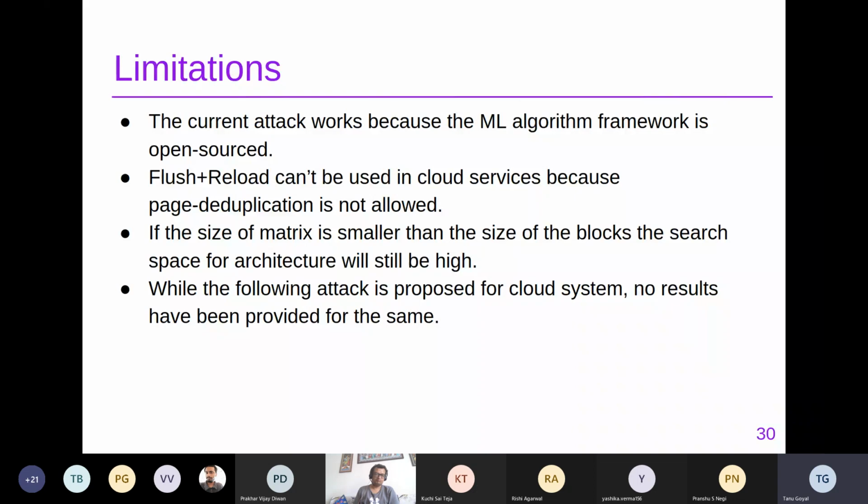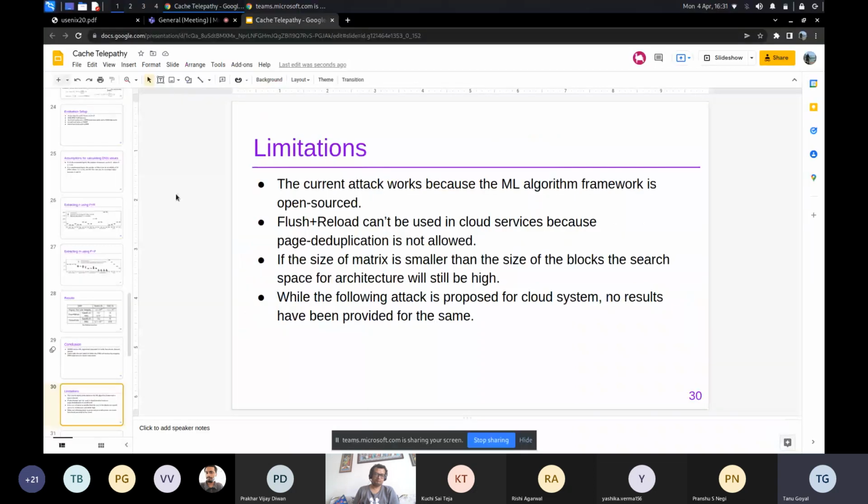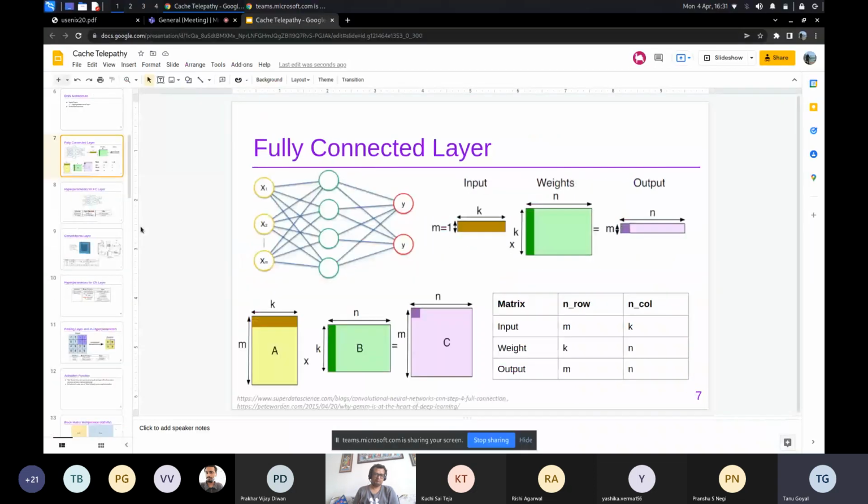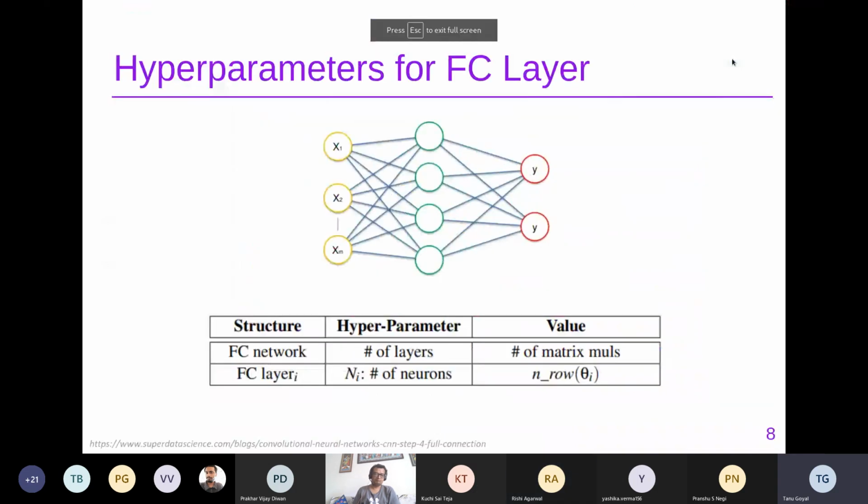In the very first slide, we saw that the number of neurons depends on the matrix size. If the matrix size is smaller than the block size already implemented in the open source library, it uses a different algorithm altogether, and this attack will fail for that particular layer.